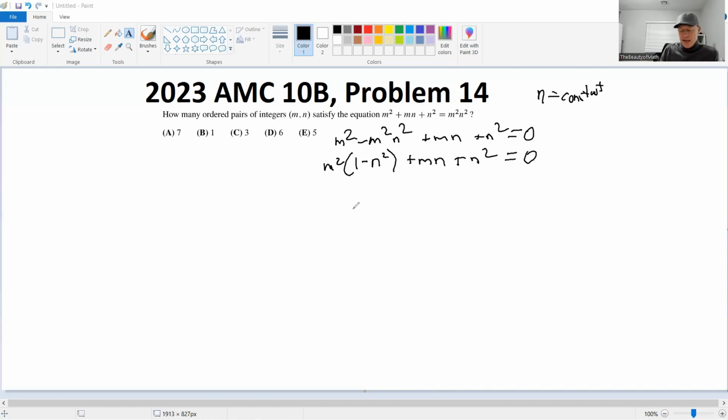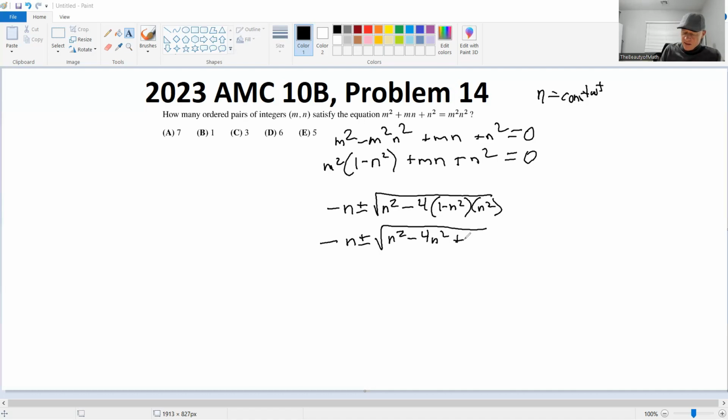If we try that, we're going to get negative b, which is negative n, plus or minus the square root of b squared, which is n squared, minus 4a, where a is now 1 minus n squared, and c is n squared. I'm just going to simplify that right now, and we get negative n plus or minus the square root of n squared minus 4n squared plus 4n to the 4th.